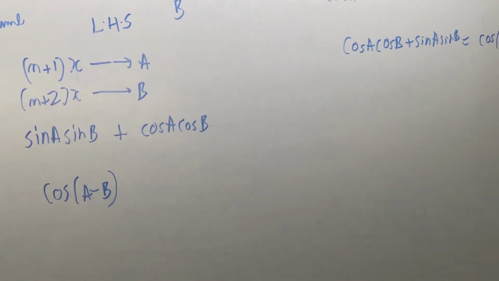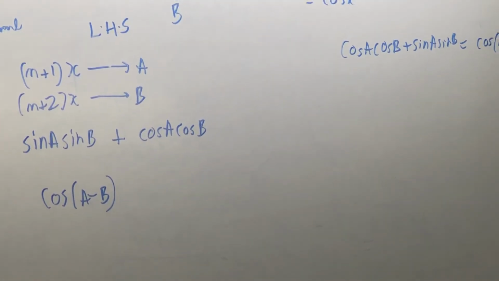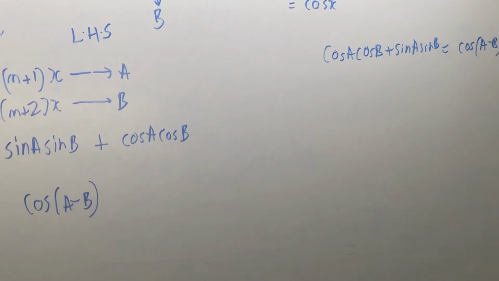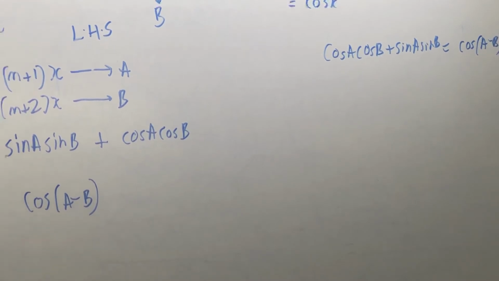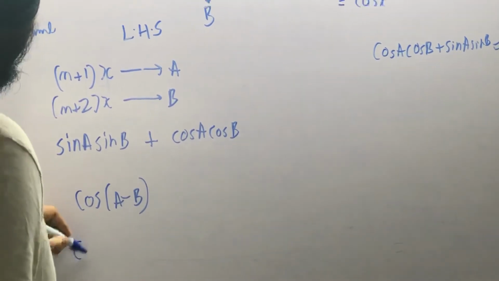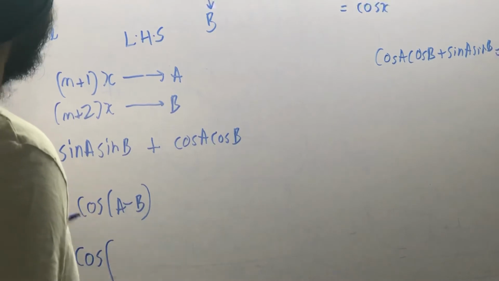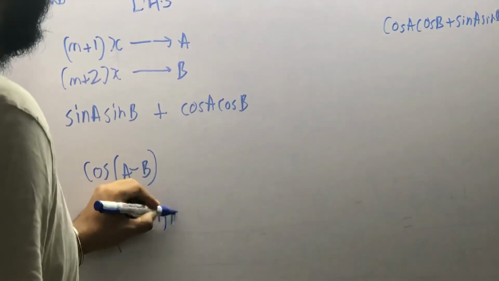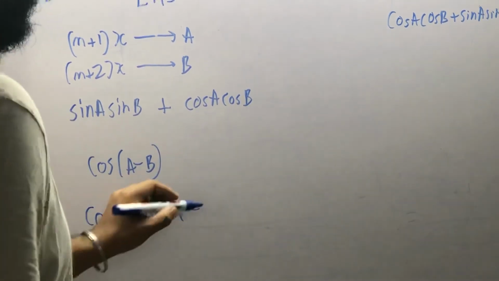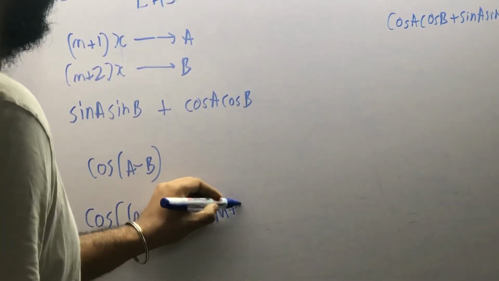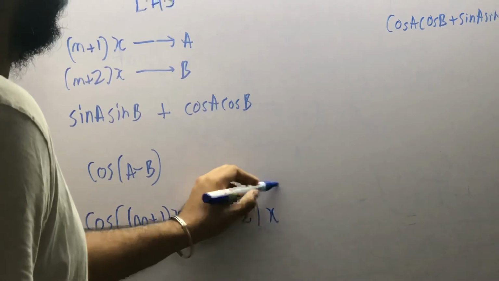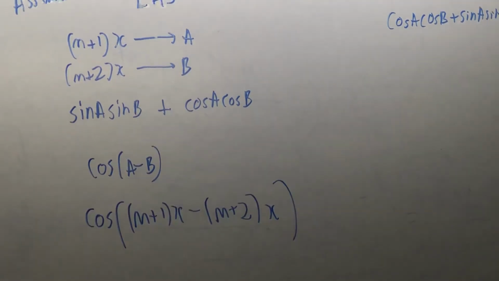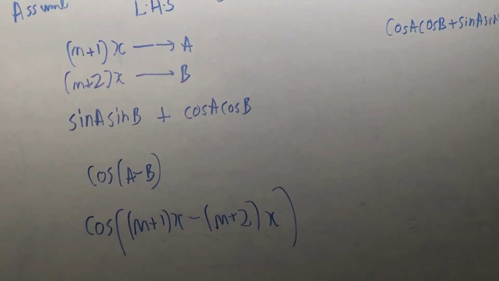Okay, so A is (n plus 1)x and B is (n plus 2)x. So just substitute the values of A and B here. A is (n plus 1) into x minus B. Now try to open the brackets.